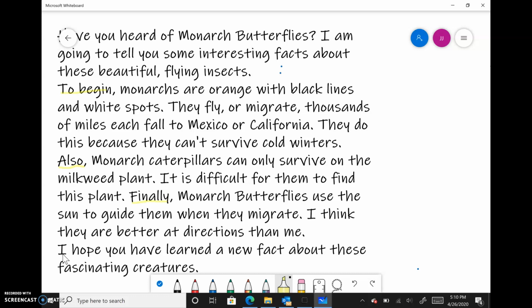Sometimes we restate our beginning. I'm going to tell you some interesting facts about these beautiful flying insects. I could restate that and say, I hope you enjoyed these facts about these beautiful flying insects, but I said, I hope you have learned a new fact about these fascinating creatures.